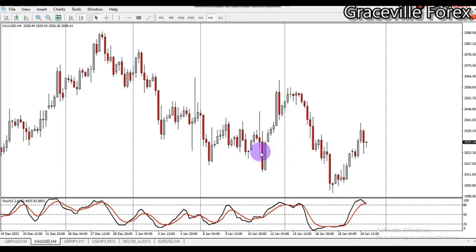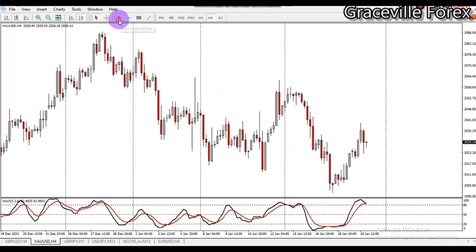But we don't just enter if there's a crossover. What we do is go to the lower time frame to look for an overbought or an oversold position with the help of the stochastic indicator. So let's look at examples here. Now this is gold on the 4-hour time frame.